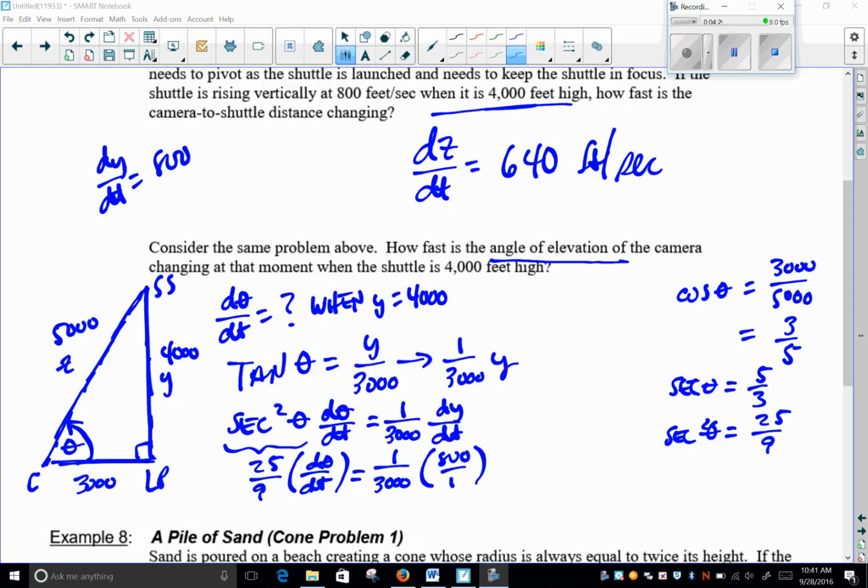We're going to divide by 25/9, which is the same as multiplying by 9/25, and then we just go ahead and do the math from there. Okay, and all of this comes out to be 12/125, and it's radians per second, and that's d theta/dt.